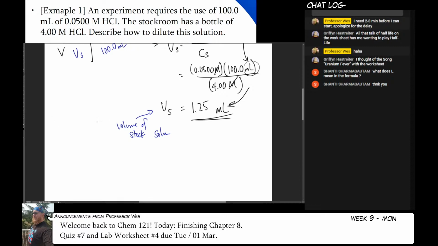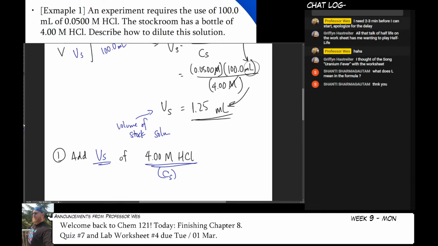So here's how you make this dilution. So step 1, we're going to add the volume of stock solution that we calculated of, and we're going to add the stock concentration here, which we're going to write as 4 moles per liter HCl, which is this.